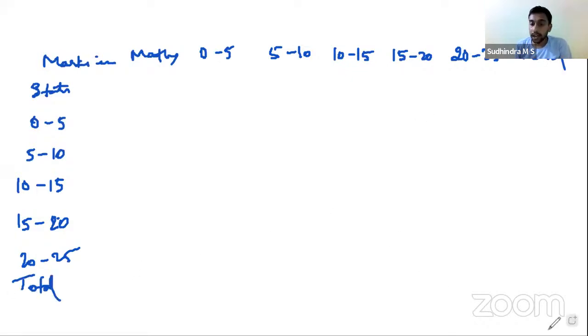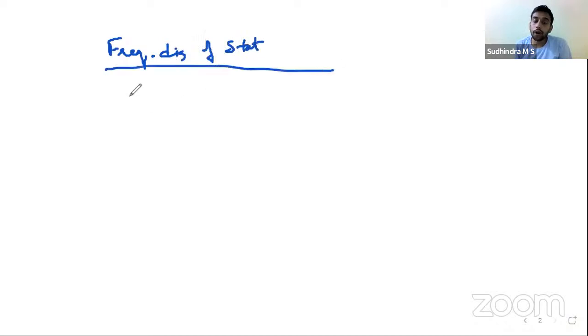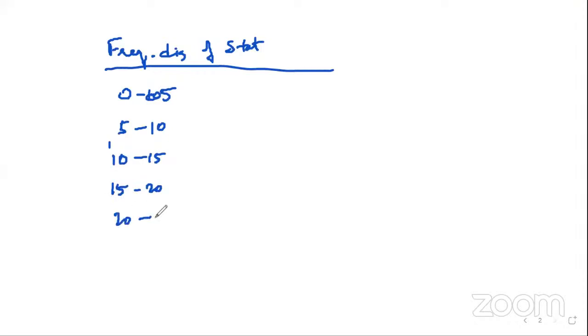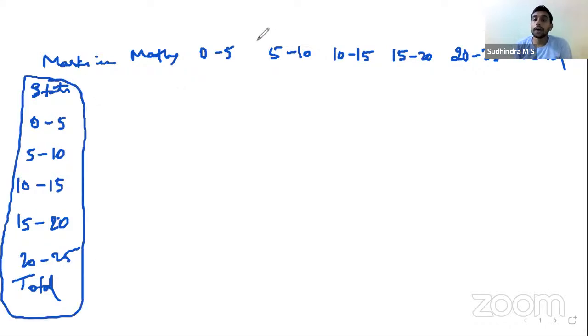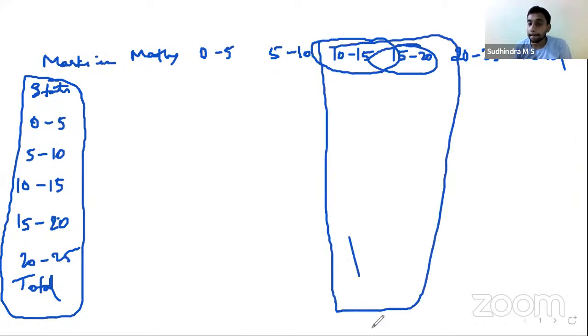If I take out the frequency distribution of statistics for all values of mathematics, that is called marginal distribution. However, if I take out the frequency distribution of statistics for marks scored in mathematics between 10 to 15 and 15 to 20, this is called conditional distribution.